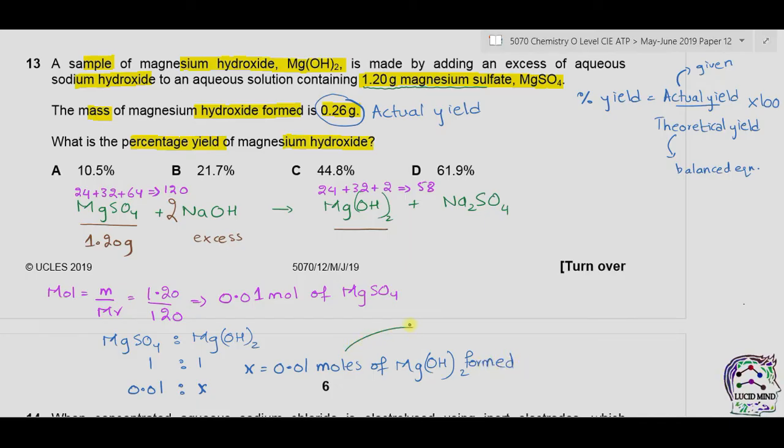Now let's convert the moles into mass. Mass is equal to moles into molecular mass. Number of moles is 0.01 and molecular mass of magnesium hydroxide is 58. So it comes equal to 0.58 grams. This is the theoretical yield of magnesium hydroxide.